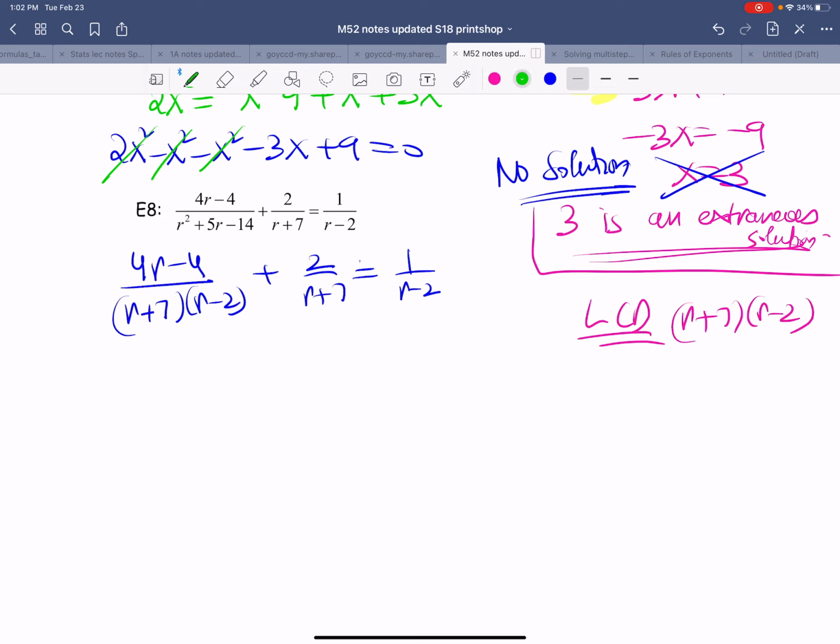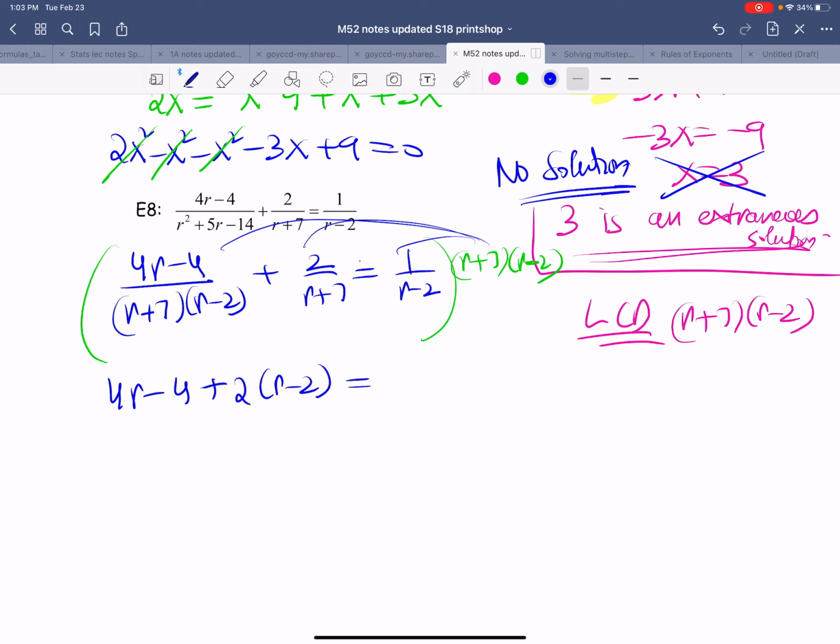Let's go ahead and multiply the entire fraction on both sides by r plus 7, r minus 2. Distribute, distribute, distribute. So 4r minus 4 plus 2 times r minus 2 equals r plus 7. After canceling all the common factors, we have 4r minus 4 plus 2r minus 4 equals r plus 7.